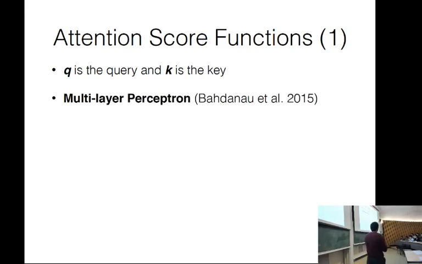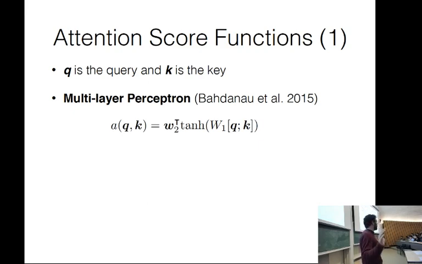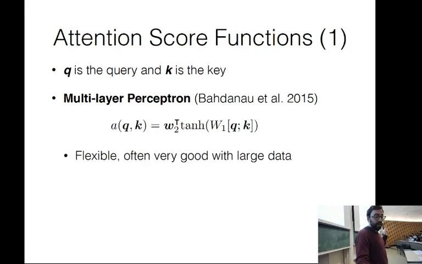The first proposed model was by Bahdanau and others in 2015, and it used basically a multi-layered perceptron. For every key and the query, you would weigh them and combine them this way. And this has a lot of parameters. You have this W1 and this W2 that you need to learn. However, this makes it quite flexible.